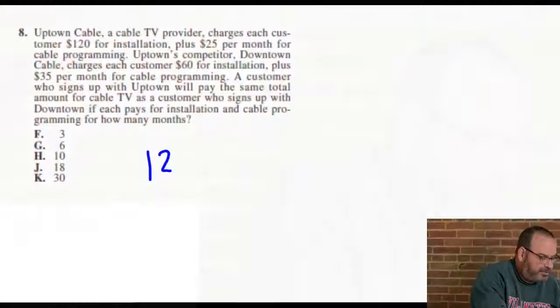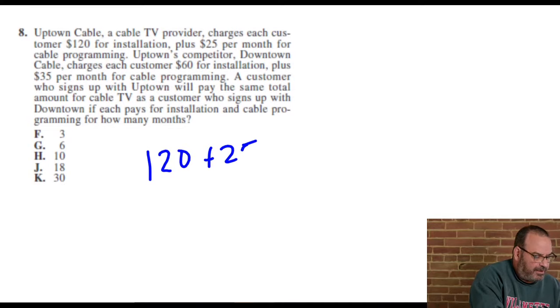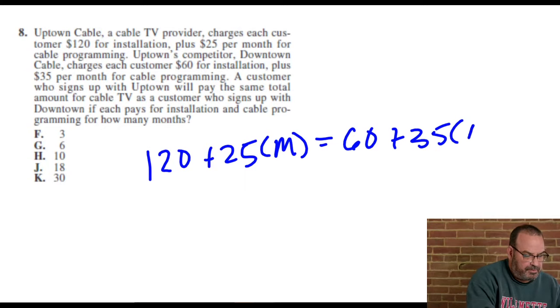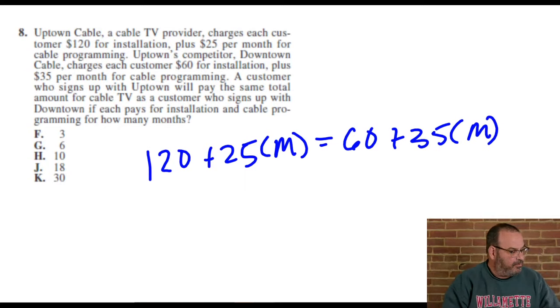So we have $120 plus $25 per month is equal to $60 plus $35 per month. And then we can plug in the answer choices, 10, 3, 6. Let's solve this one algebraically.